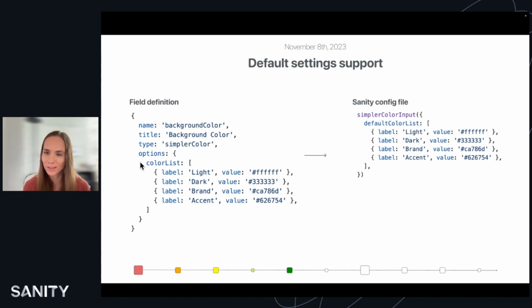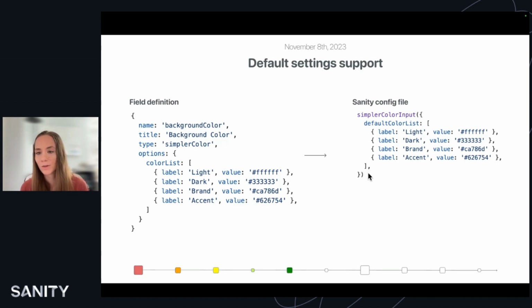The next one, just an idea I had that I added, was default setting support. Initially you could only specify settings for the color list or whatever in the actual field definition itself, as you can see here. So you can imagine if you were using this field in several different documents with the same color list, you would have to duplicate code, and I'm all about keeping things as simple as possible.